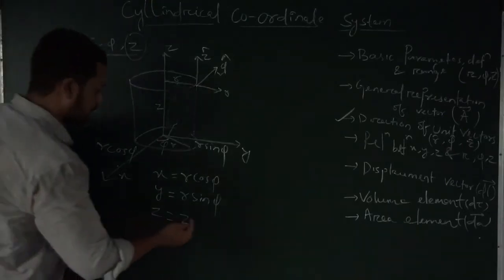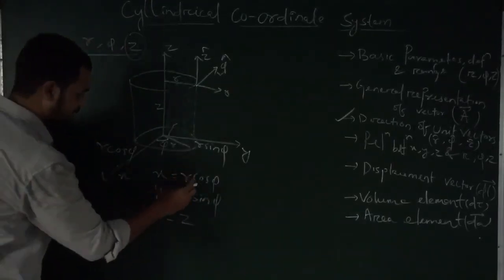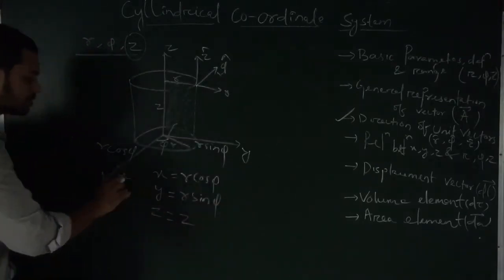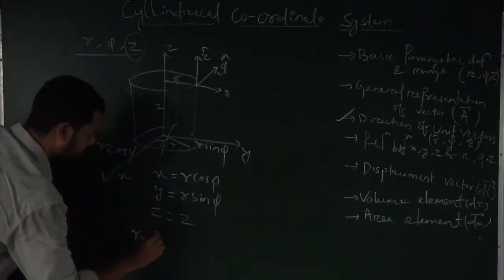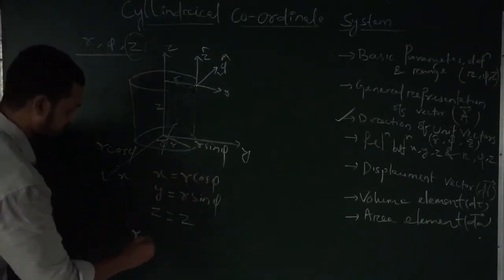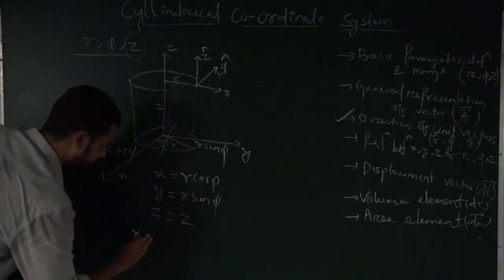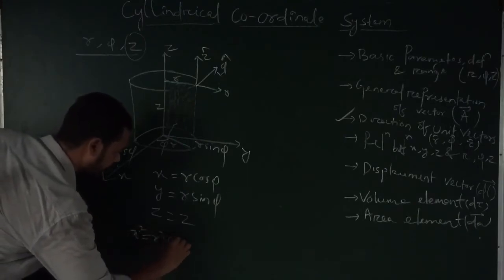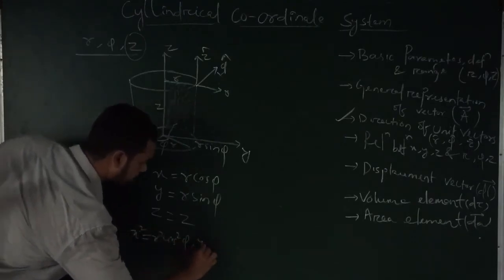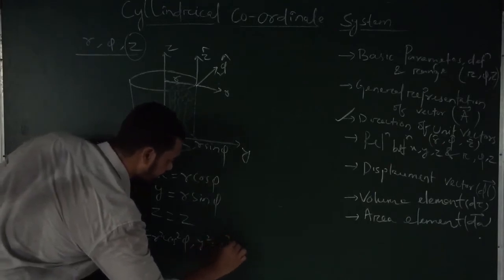Okay, so if we write r and phi in terms of x, y and z, we will get r as follows. Just take the square of these: x square is equal to r square cos square phi, and y square is equal to r square sin square phi.